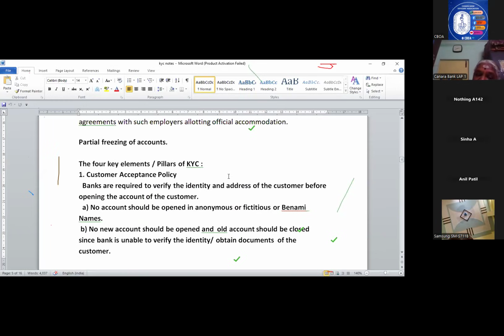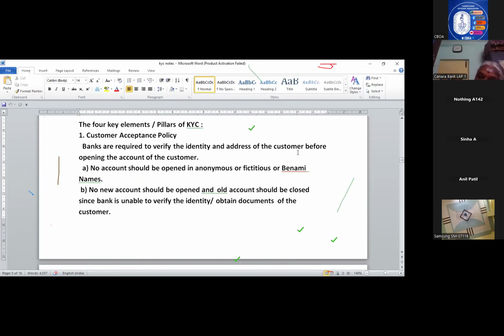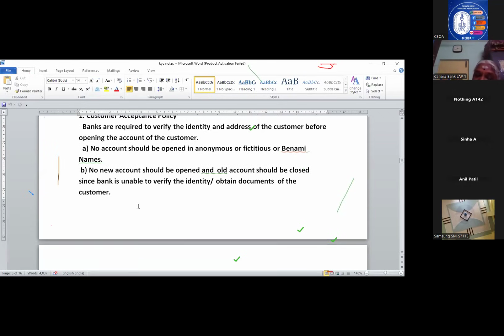Customer acceptance policy means banks are required to verify the identity and address of the customer before opening the account. No account should be opened in anonymous or fictitious or benami names. No new account should be opened, and old accounts should be closed, if the bank is unable to verify the identity and obtain documents of the customer.